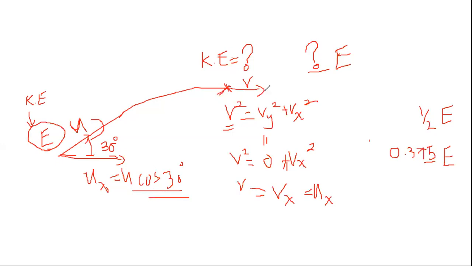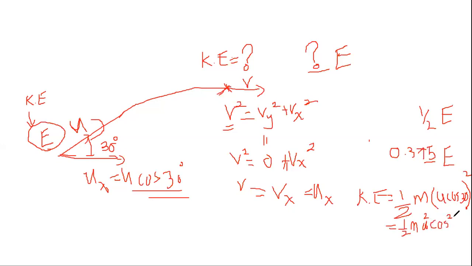So what is the kinetic energy at the top? The KE at the top is half m, and the v is U cos 30 squared. So finally you get half m U squared cos squared 30.